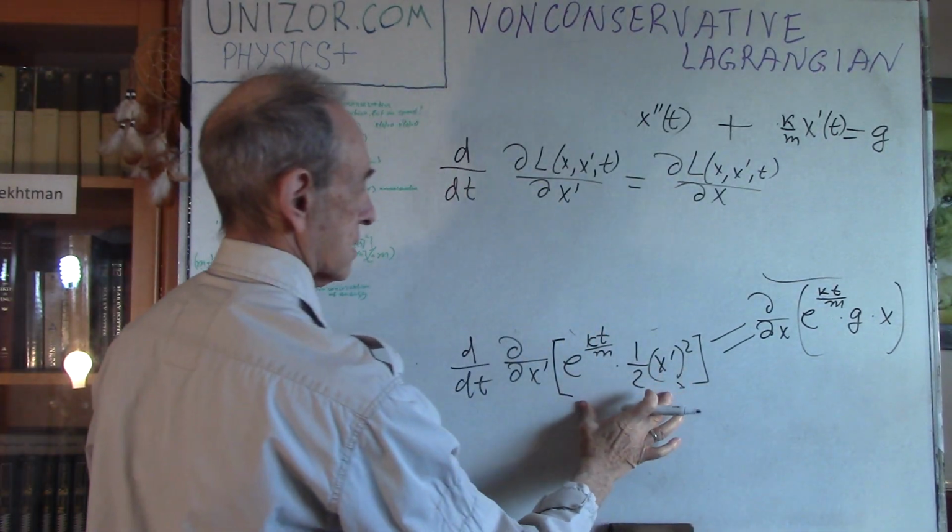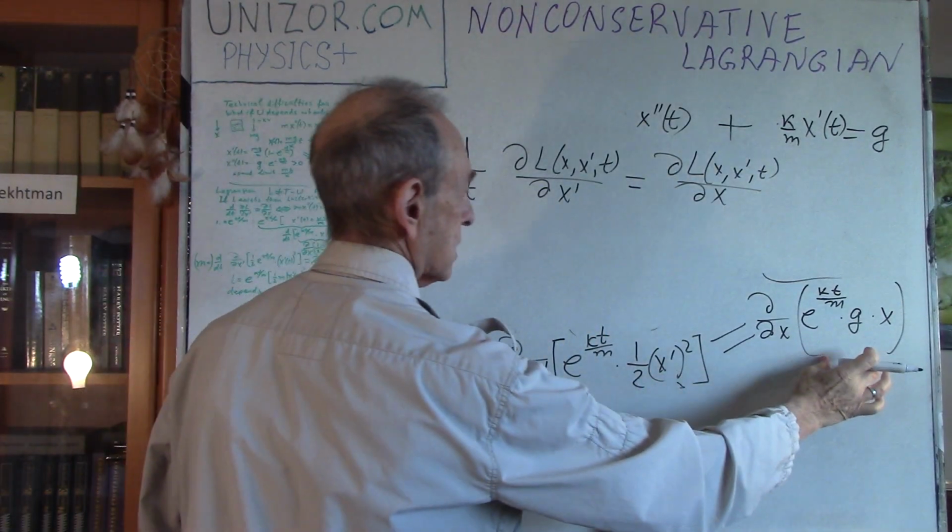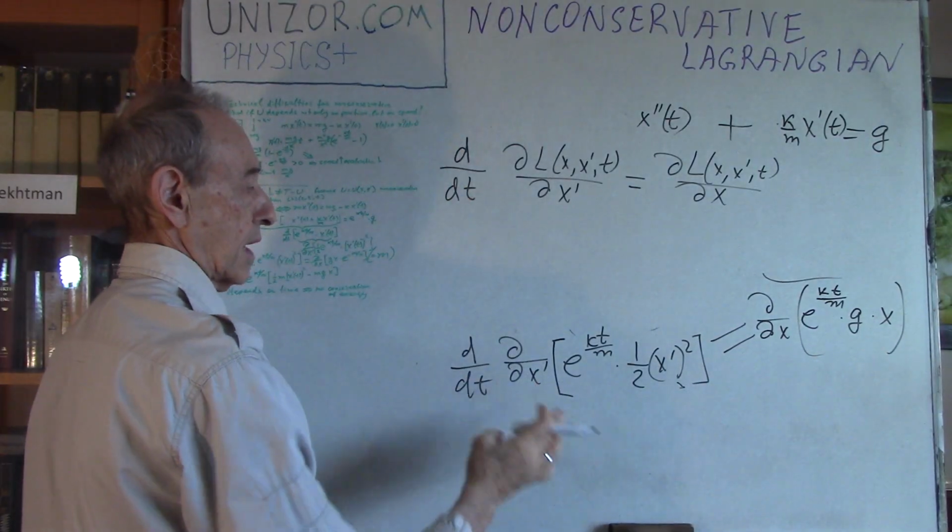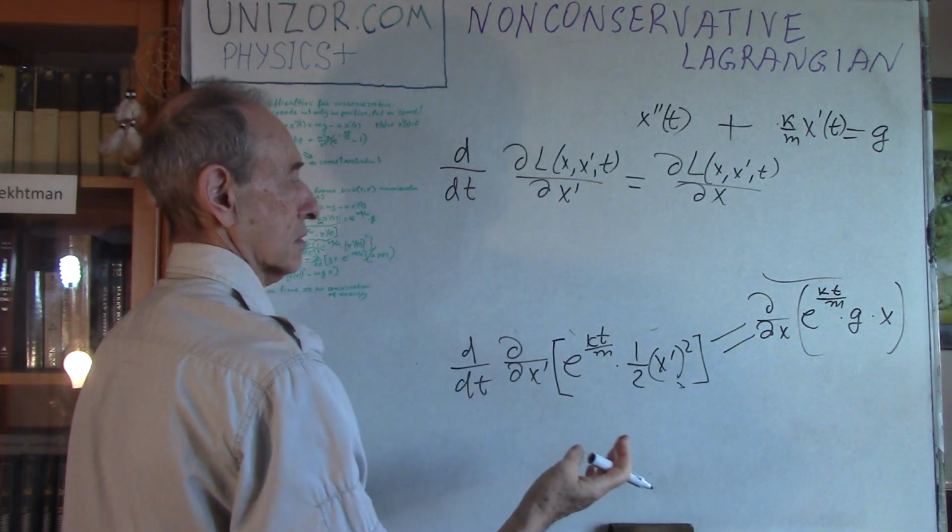So if instead of this I put this plus this, the derivative by x prime will not change, because this thing is not dependent on x prime.